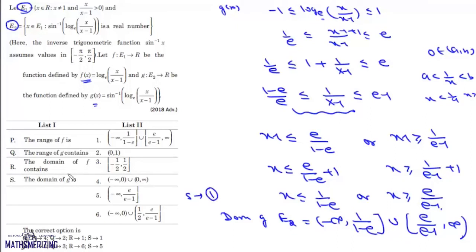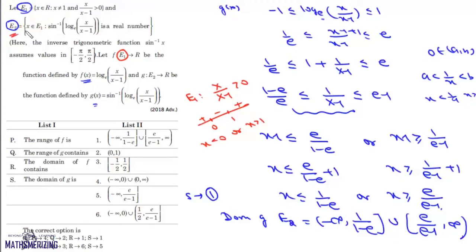Now we'll find the domain of this function f. Now the domain of this function f is E1, and E1 is the condition that x upon x minus 1 is greater than 0. Now the critical points are 0 and 1, so the signs will be plus, minus and plus. So we'll get the condition that either x is less than 0 or x is greater than 1.